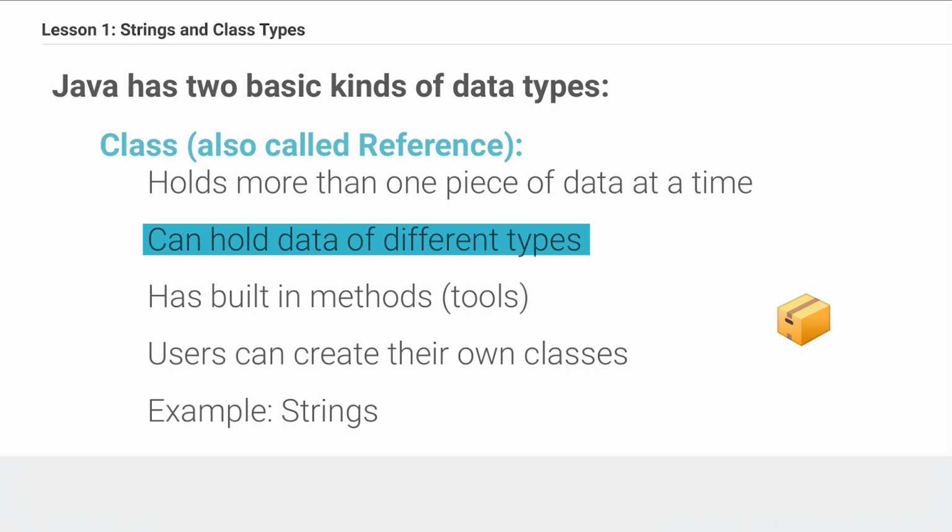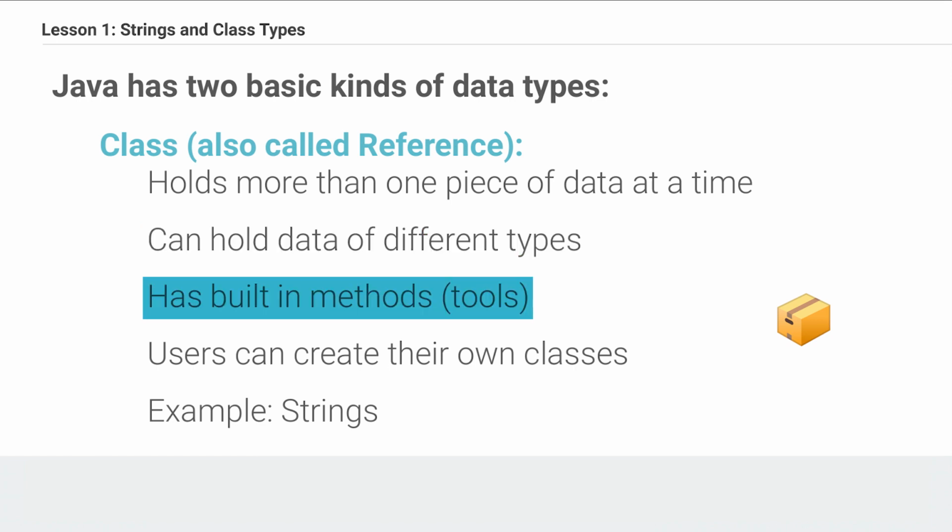So they can hold data of different types. They can hold an int and a double and a string. For example, there might be a person data type that holds their name and their age, all part of the same data type. The other thing about class data types is that they have built-in methods that you can use, like tools that you can use to work with and manipulate that data. And you're going to be seeing lots of the different string methods later on in this unit.